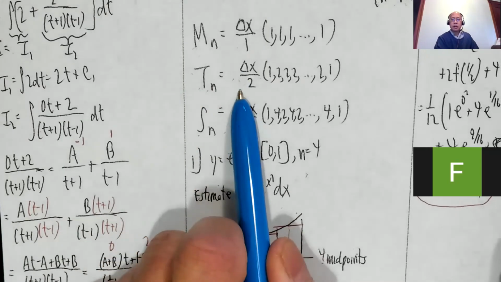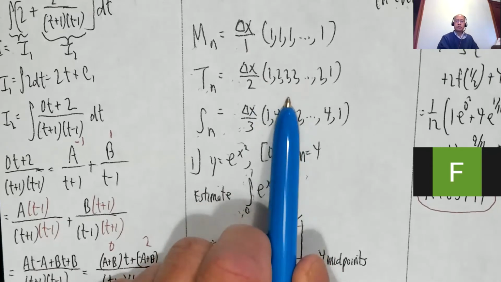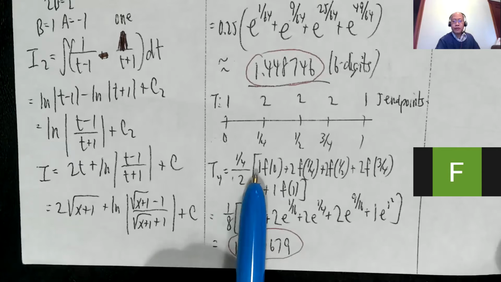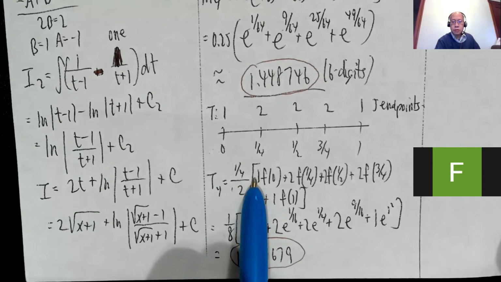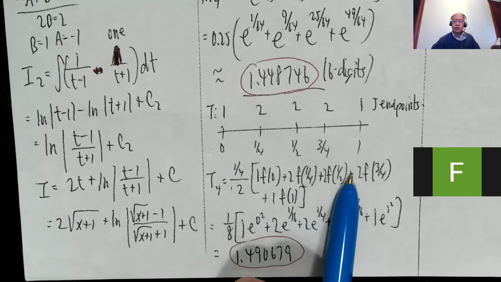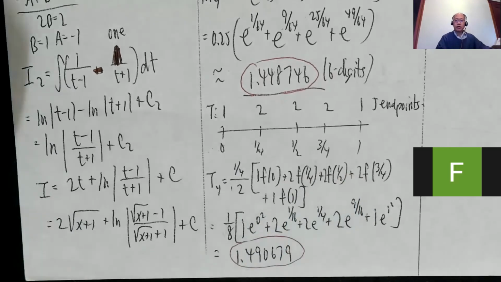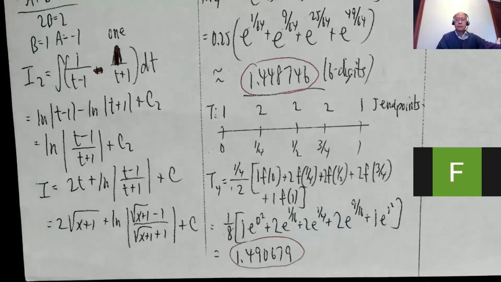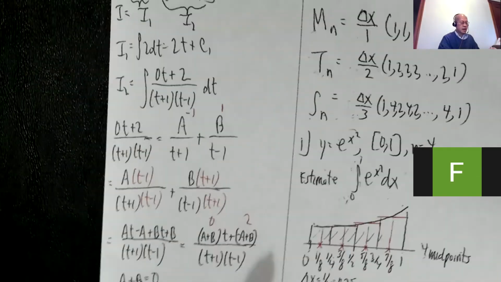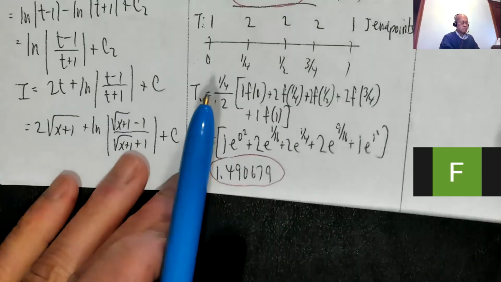Delta x divided by 2, 1 at the beginning, 1 at the end, all the in-between ones get 2. So 1/4 divided by 2, coefficient of 1 for f of 0, and then it goes 2 f of 1/4 plus 2 f of 1/2 plus 2 f of 3/4, and finally at the end, 1 times f of 1. Okay, then I plug into the function. The function is e to the x squared.